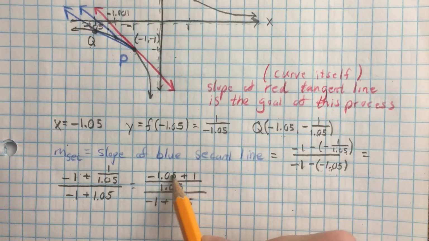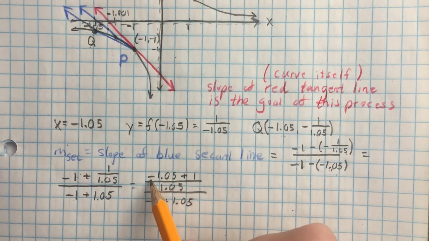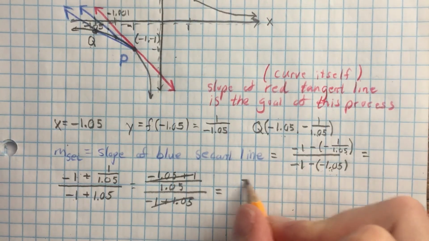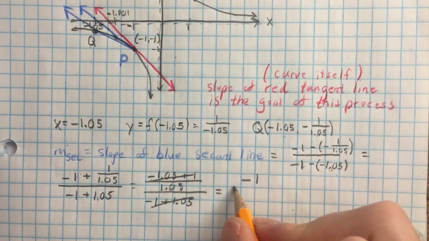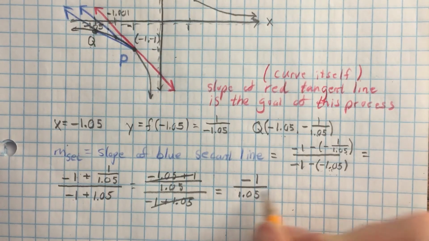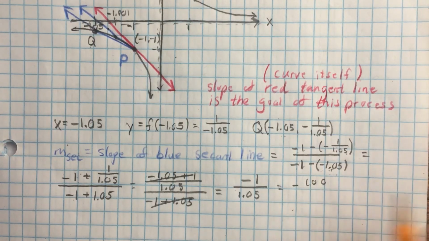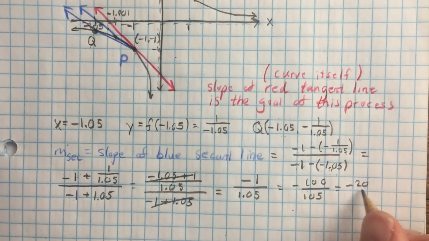So I notice that this numerator and this denominator are exactly the same except for a switch of signs, so I can cancel them as long as I leave a negative 1. So I'll have negative 1 over this denominator of 1.05. If I shift the decimal 2 places above and below, I'll have negative 100 on 105, which you can reduce by 5. So you'll have negative 20 21sts.